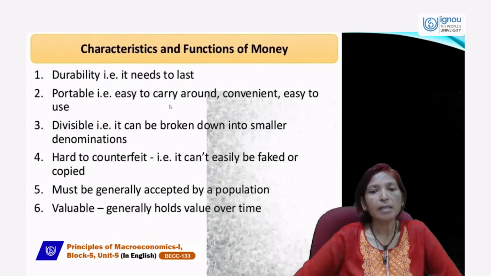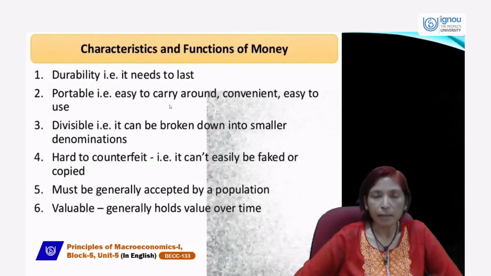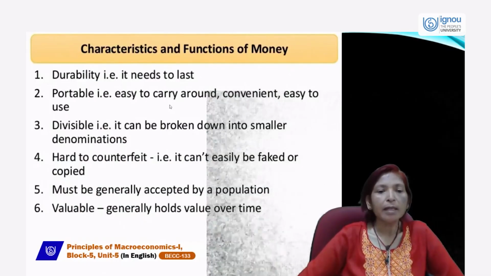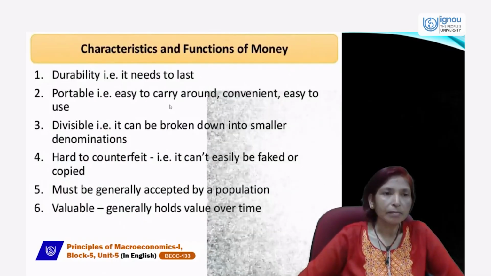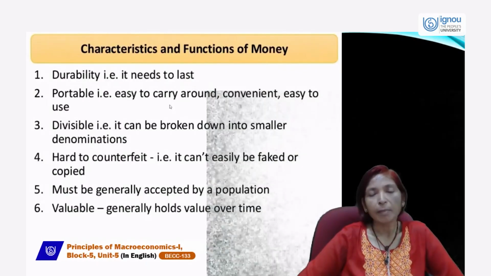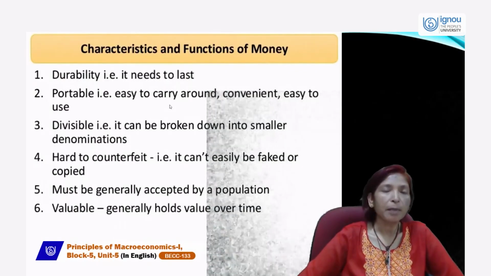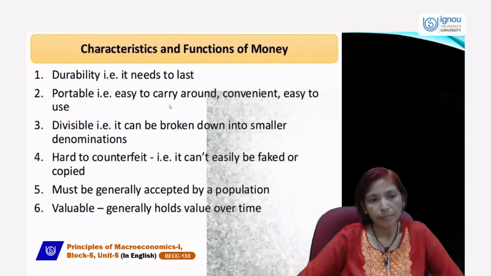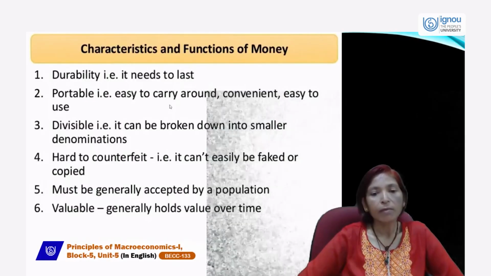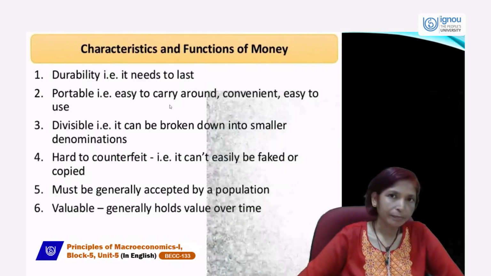And next is hard to counterfeit. It cannot easily be faked or copied. Next, it must be generally accepted by a population. Money has the feature of general acceptability; it can be accepted by all. And next is valuable. It generally holds value over time.